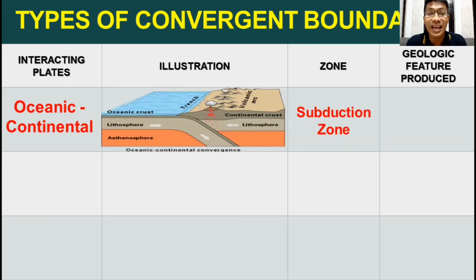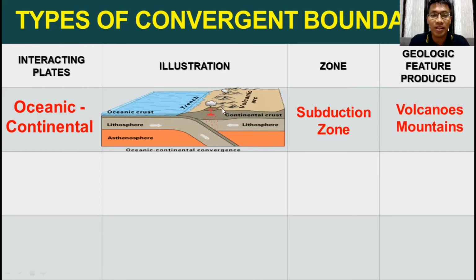And between oceanic and continental, the denser plate is, tama, the oceanic plate. Therefore, it is the one moving downward. And when this event happens, the geologic features that are produced are the following: volcanoes and mountains.